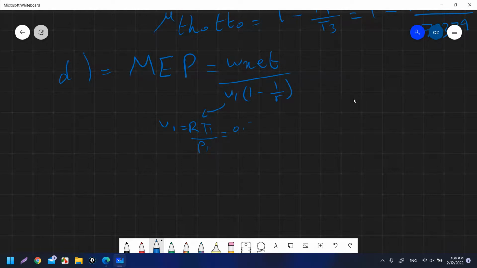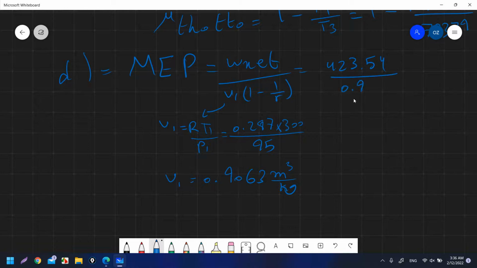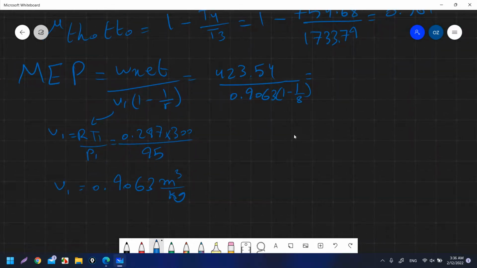R is 0.287 times 300 Kelvin over P1, 95, and V1 is the same number from the last question, 0.9063 meter cubed per kilogram. W net is 423.54, V1 is 0.9063, 1 minus 1 over 8, and this will give you 534.09 kilopascal.